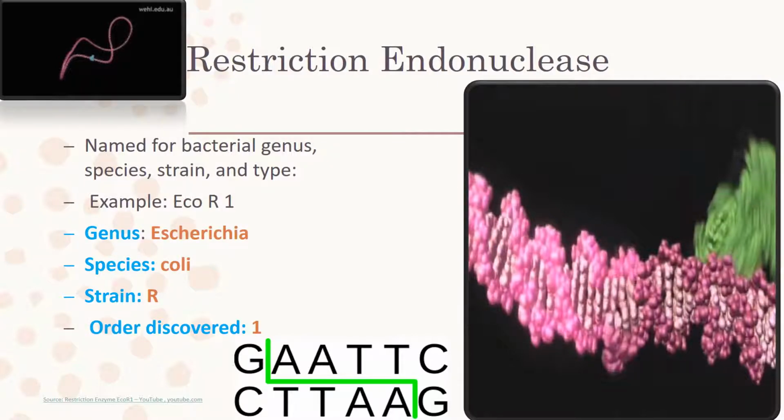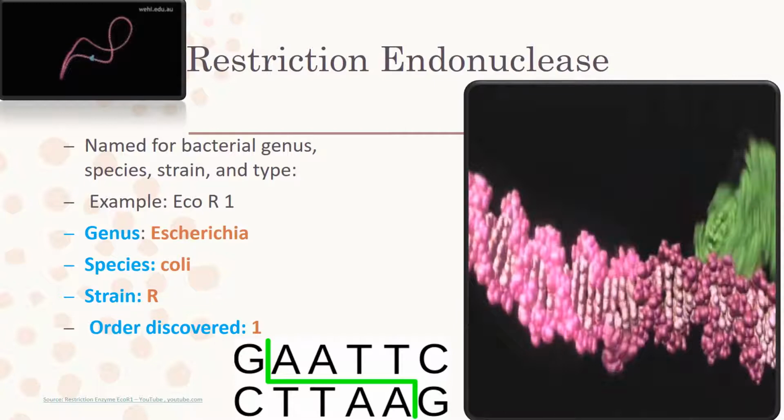Let's take an example of Escherichia coli, called E. coli, with the strain RY13. The first rule says that the name of the enzyme isolated from the bacteria should have the first letter of the generic name and the second and third letters of the species, followed by the first letter of the strain, if any.